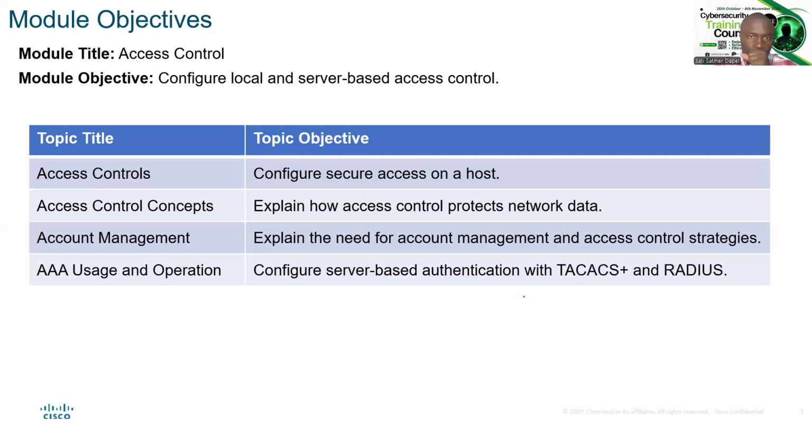Then we'll look at access control concepts, where we'll explain how access control protects data. We'll also look at account management, where we'll explain the need for account management and access control strategies. Finally, we'll be looking at the AAA usage and operation.